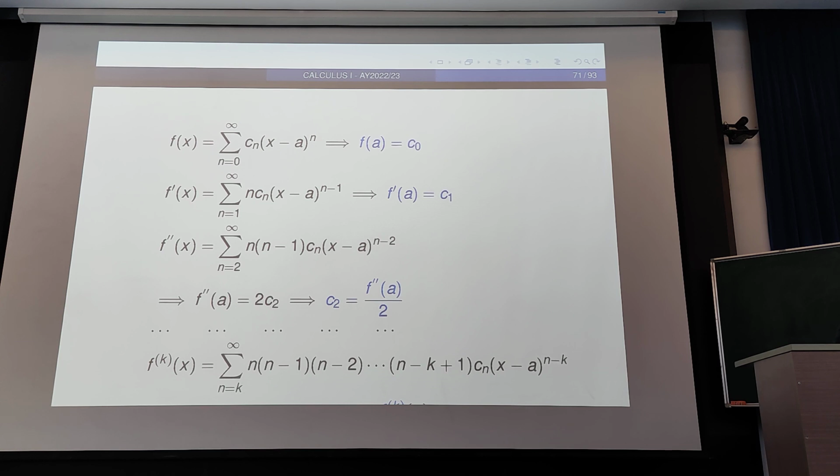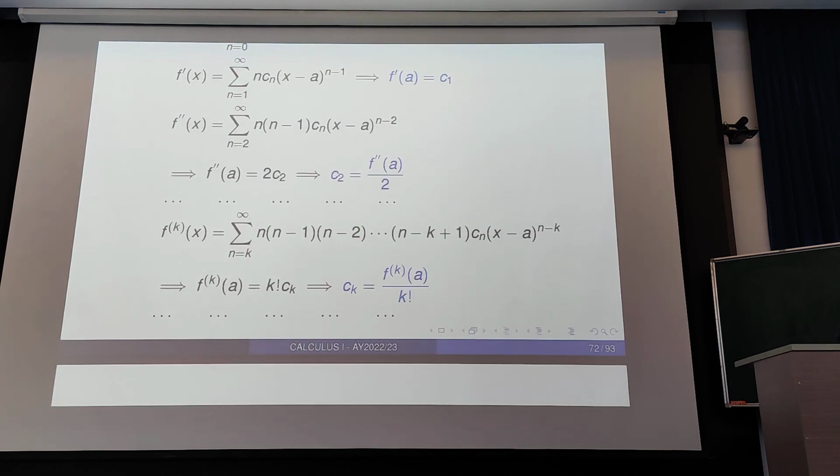Doing similarly, you can find c2, and in general, by induction, you can find ck. You know that when you differentiate one time, the degree of the polynomial decreases by 1, right?